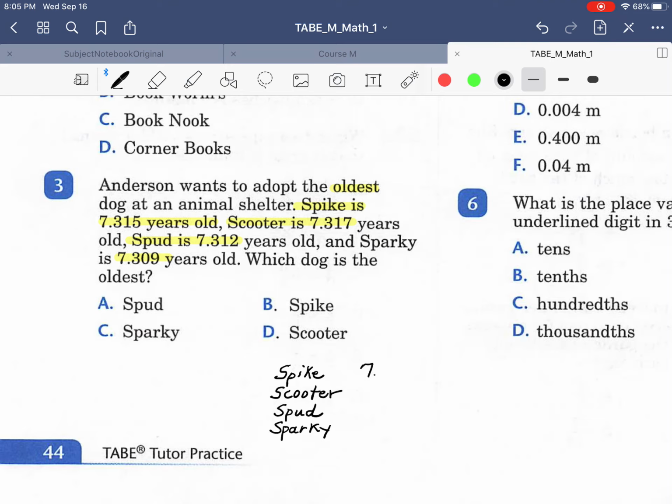Spike is 7.315 of a year old. Scooter is 7.317. Spud is 7.312. And Sparky is 7.309. And we're looking for the oldest.